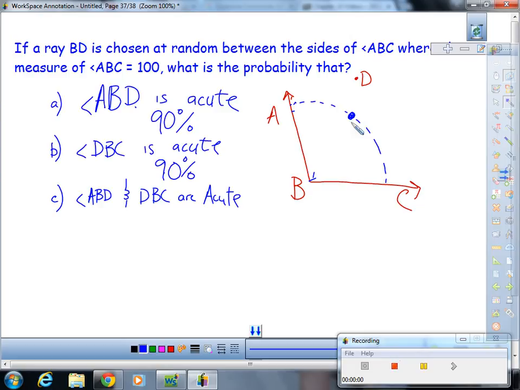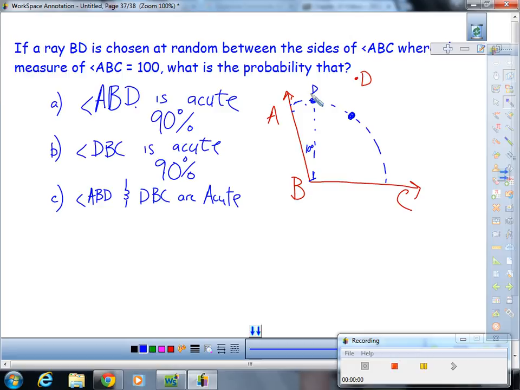Okay. So, let's do one that wouldn't work. If D was 5 degrees over, well, let's start with 10, because that's what I did yesterday. If D was 10 degrees over, now ABD is acute, right? Yes. But DBC is not.